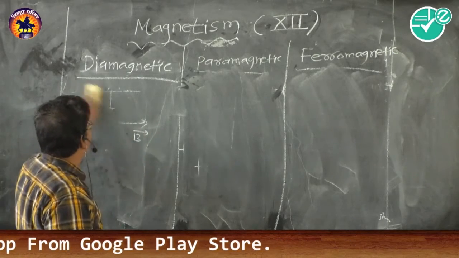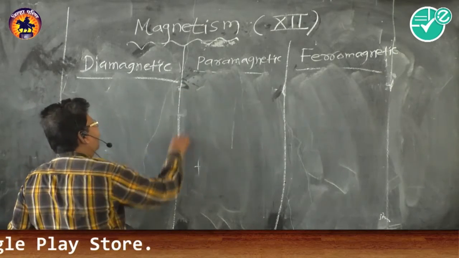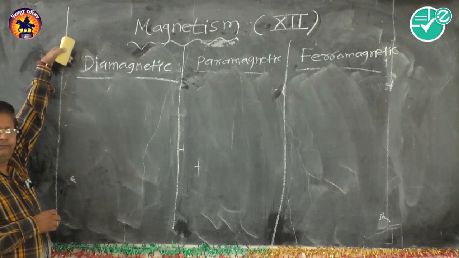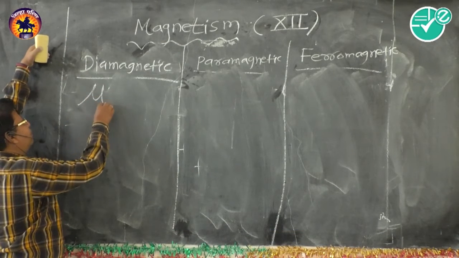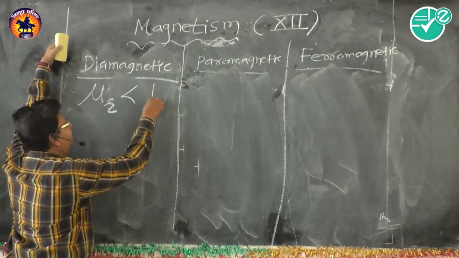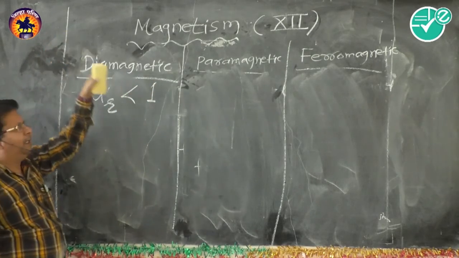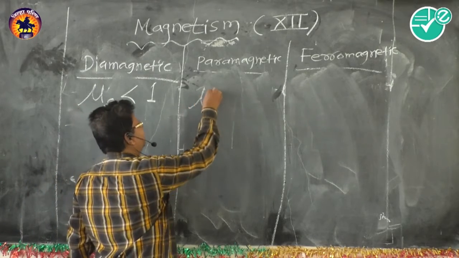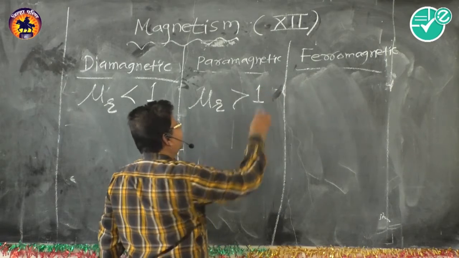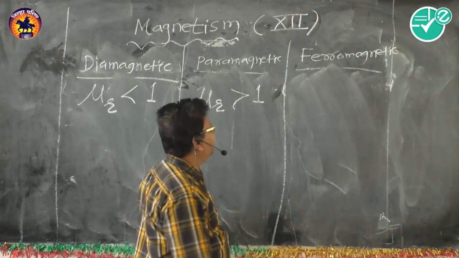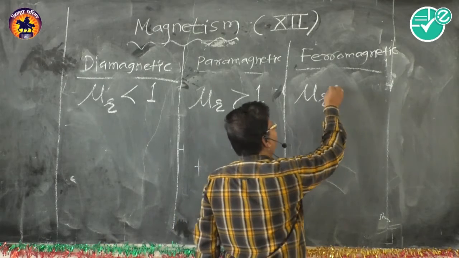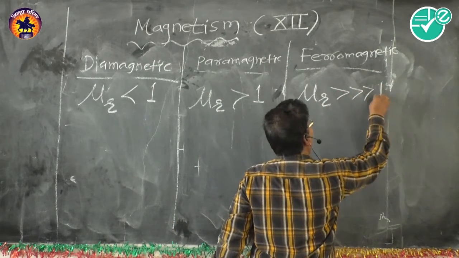Next property. In case of diamagnetic substances, the relative permeability is less than 1. In case of paramagnetic substances, relative permeability is slightly greater than 1. And in case of ferromagnetic substances, relative permeability is much greater than 1.